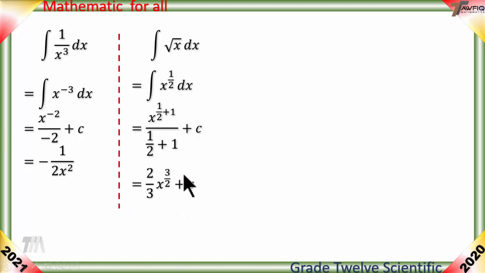To convert this power to roots, first of all, every time you write x square root of x, because you have 2 at the denominator. After that, divide 3 by 2. 3 by 2 is 1, and 1 times 2 is 2.